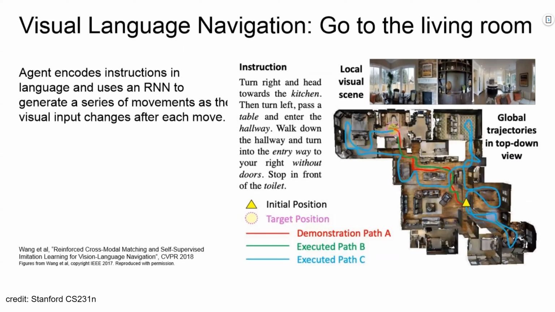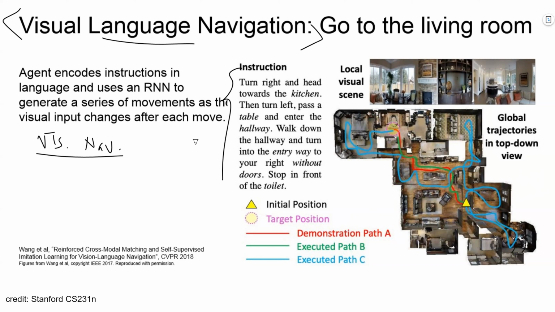And there is another task called visual language navigation. Previously, we only cared about visual navigation. In this case, we only care about images. However, in the case of visual language navigation, we also think about language. And you can give instructions in language. This is very helpful when we implement intelligent agents like robots.